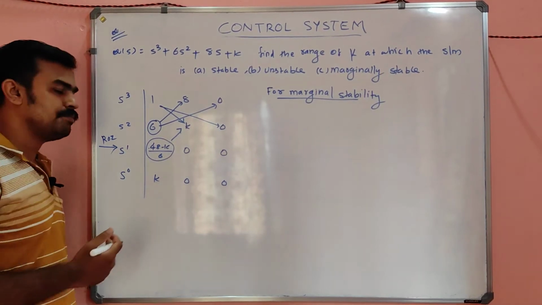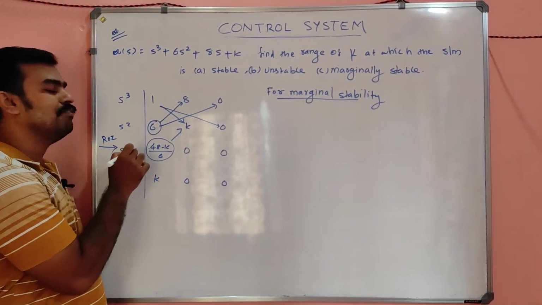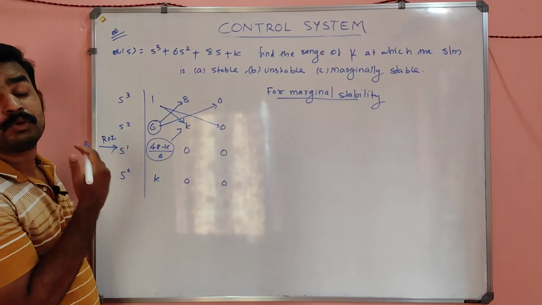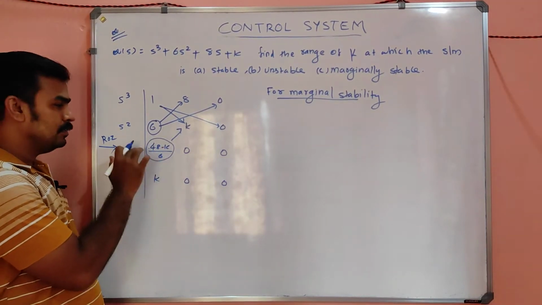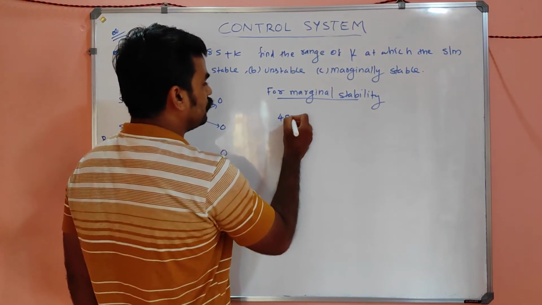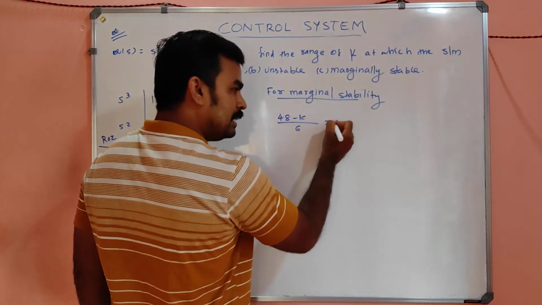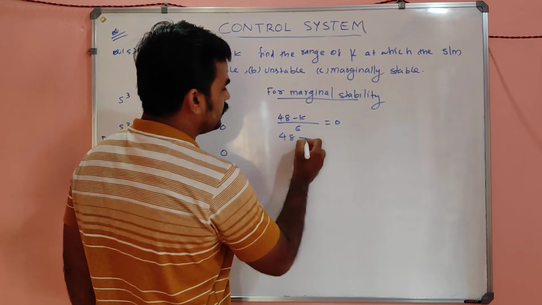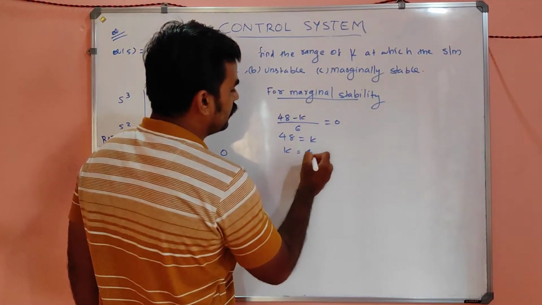For marginal stability, I already explained to you, there will be a row of zeros, which means this row is full of 0. This element also 0. So I can say 48 minus k by 6 equals 0, or 48 equals k. Simply k equal to 48.